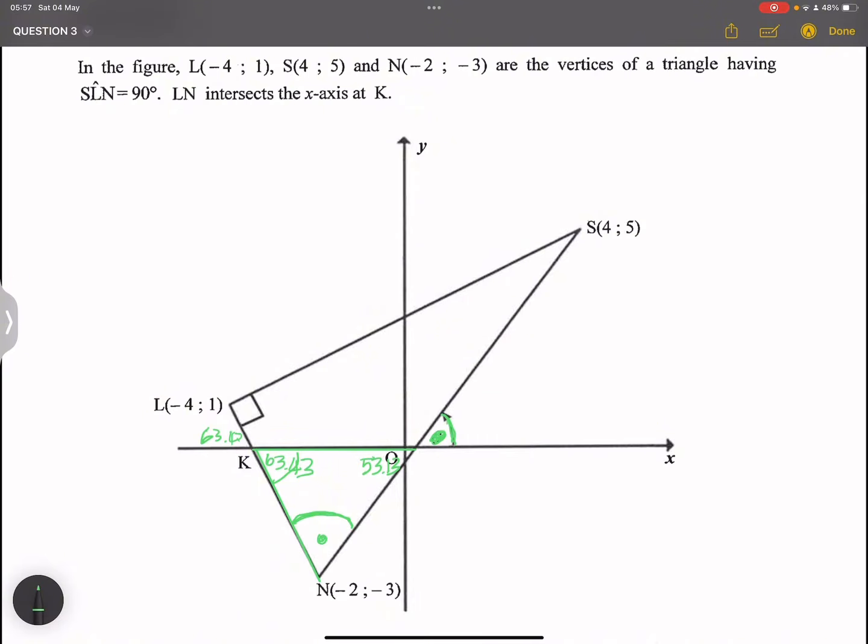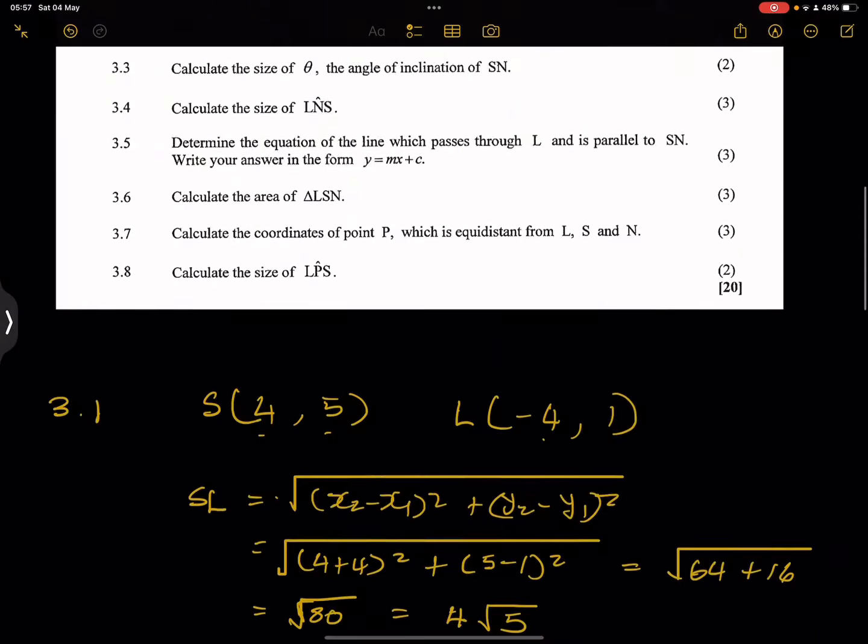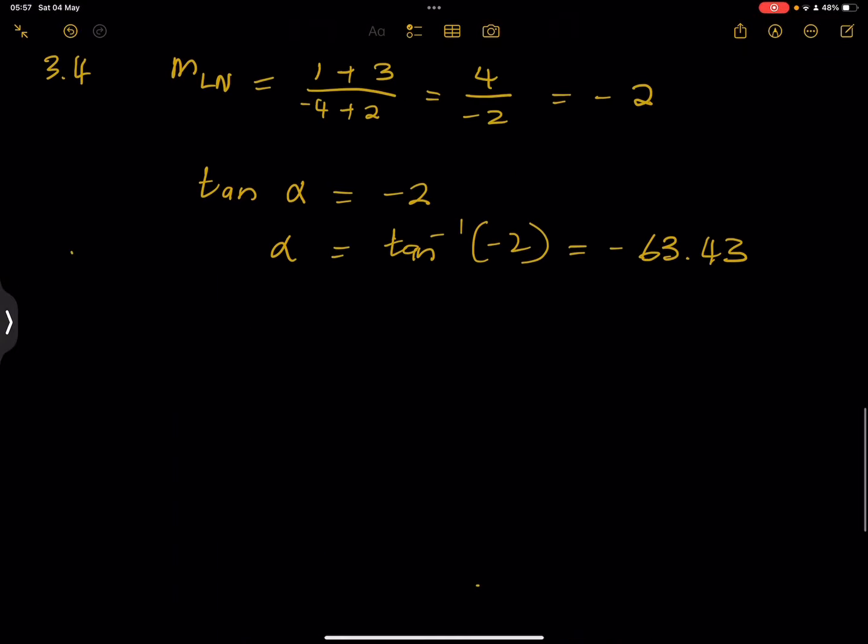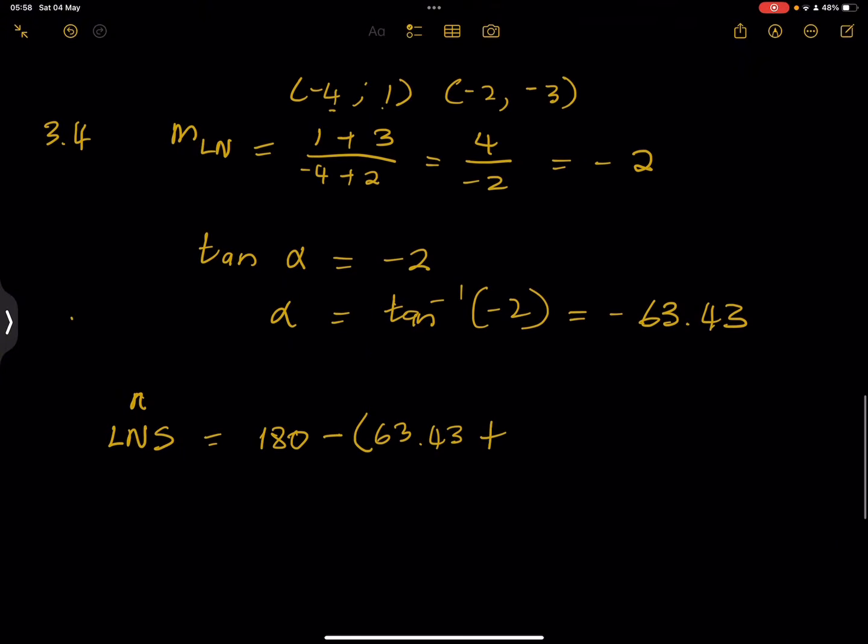So let's find angle LSN. Therefore angle LSN would be equal to 180 minus the two angles there, that's 63.43 plus the other one was 53.13.